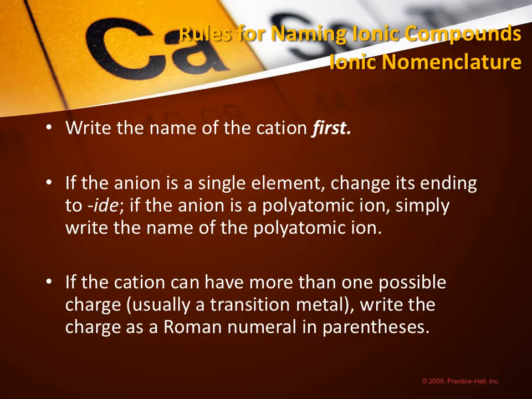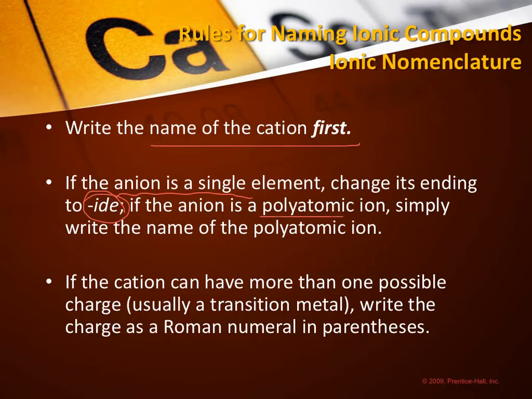Alright, so we talked about the names overall, but I'm going to give you a summary list. Always write the name of the cation first. The cation goes first in the formula, and also goes first in the name. If the anion is not a polyatomic, if it's just a single element from the periodic table, all you do is make sure you use the suffix -ide.